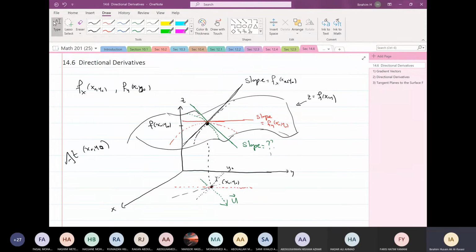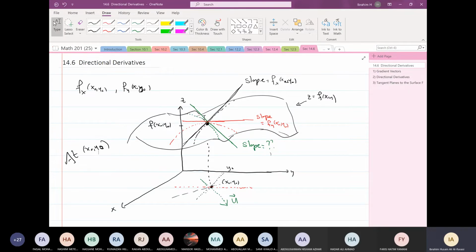Okay. When I move along the y-axis or parallel to the y-axis, I get the red curve, I get a red tangent, and the slope is f sub y. Okay. When I move along the vector u, in the direction of the vector u, the green direction here, I get also a green curve.